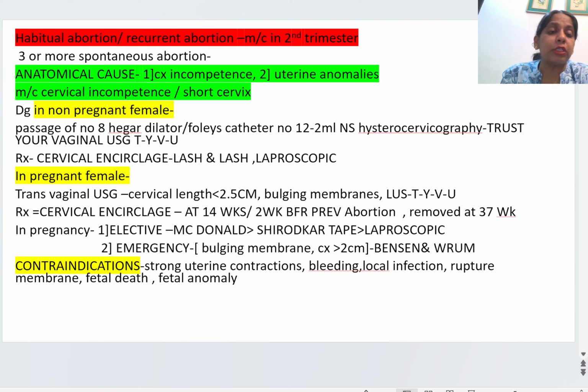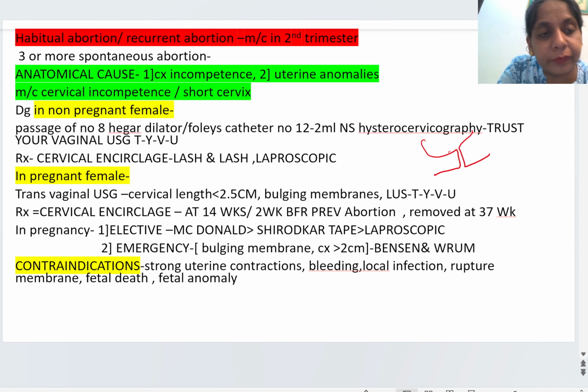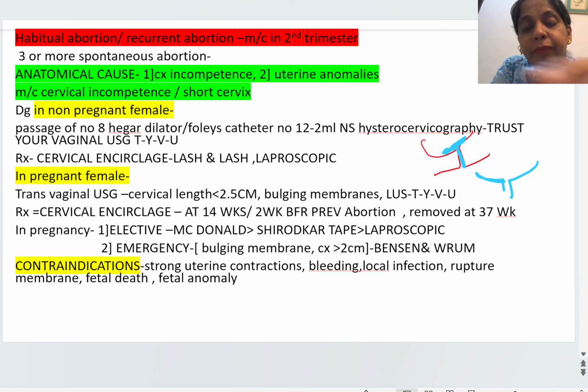Hysterocervicography can be done, where we see the lower uterine segment and the cervix shape. Usually the cervix and lower uterine segment shape is a T. You can see here they are like this, so this makes the T. If it is a Y, it means it is the start of the opening.